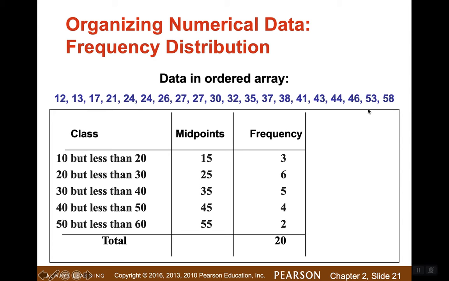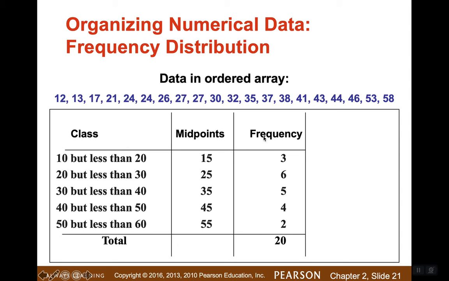And then we will simply take each number and count where it fits. Ultimately, we put it in the appropriate box or bucket, and at the end, we will be able to tally up the frequency.